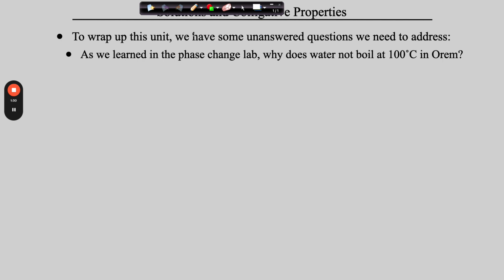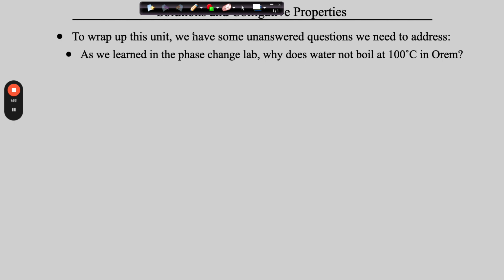But we also noticed that unless your thermometer wasn't completely zeroed, your water should not have gotten to 100 degrees Celsius. As a matter of fact, you can't get boiling water to 100 degrees Celsius here in Utah. So the question is why? Why does water not boil at 100 degrees Celsius?